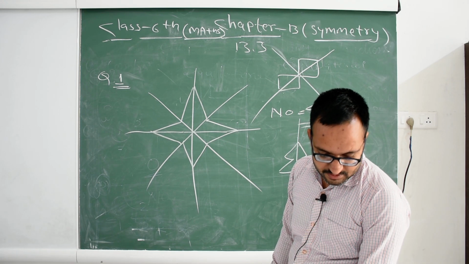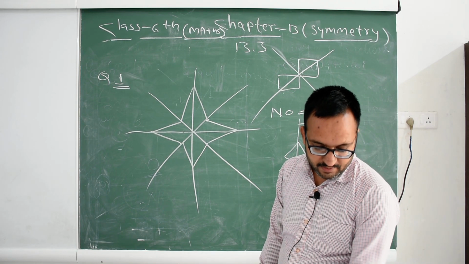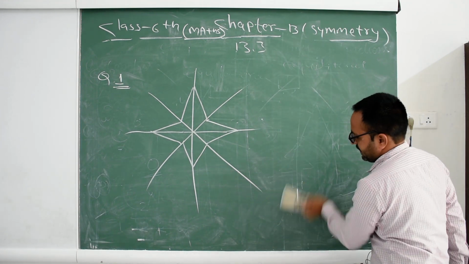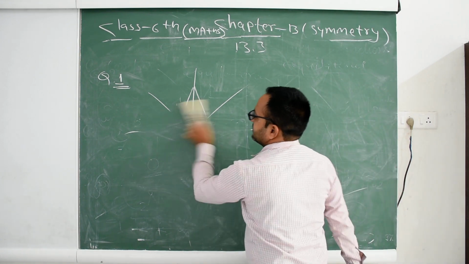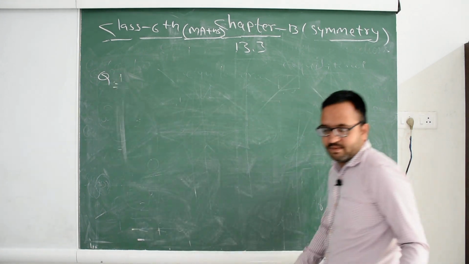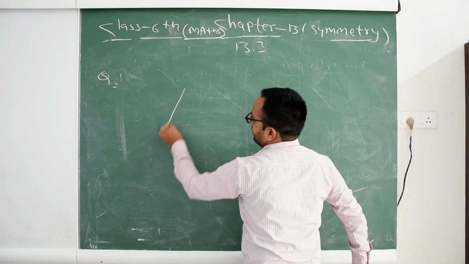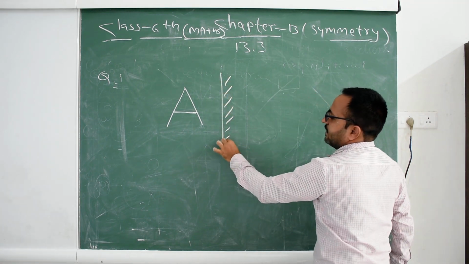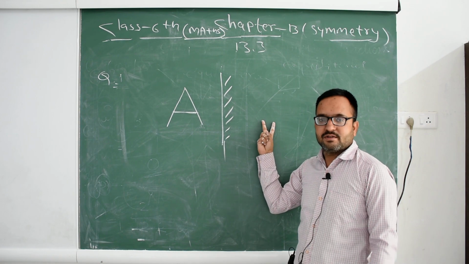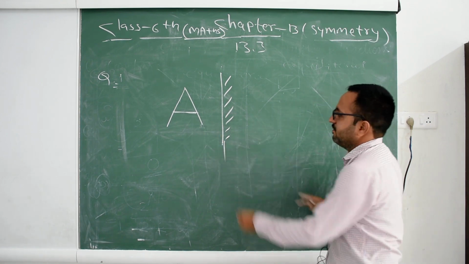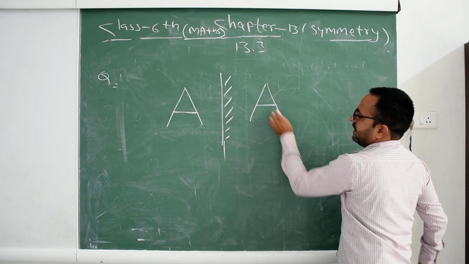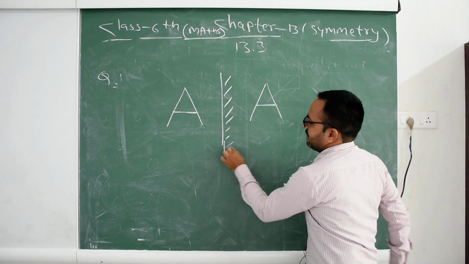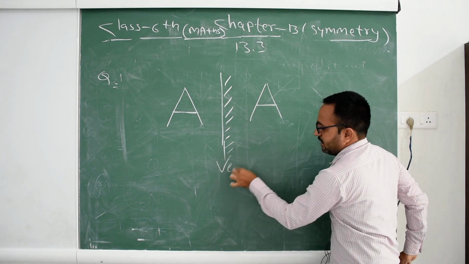Now the same as question number 3. This is a very interesting question. It is based on alphabet forms and mirror images. Suppose we have the letter A and we put a mirror. What is the reflected image? In the case of A, we have the same reflected image.